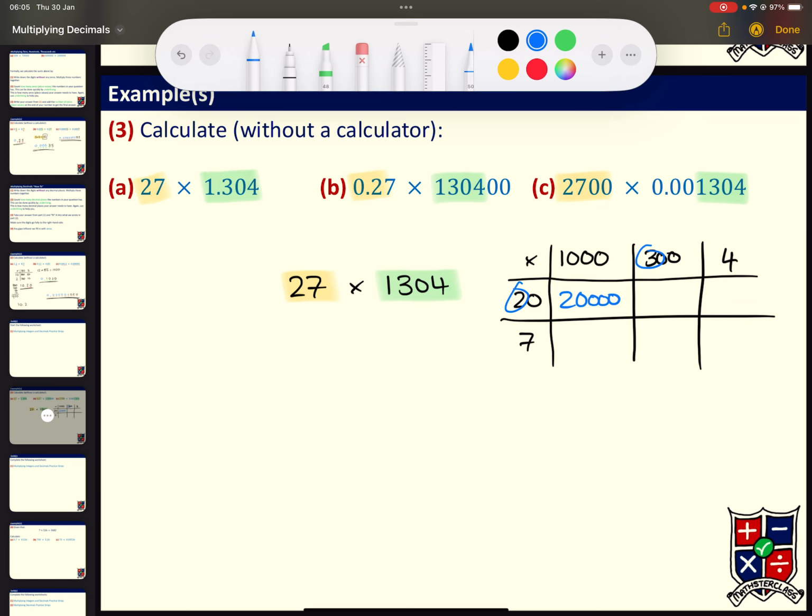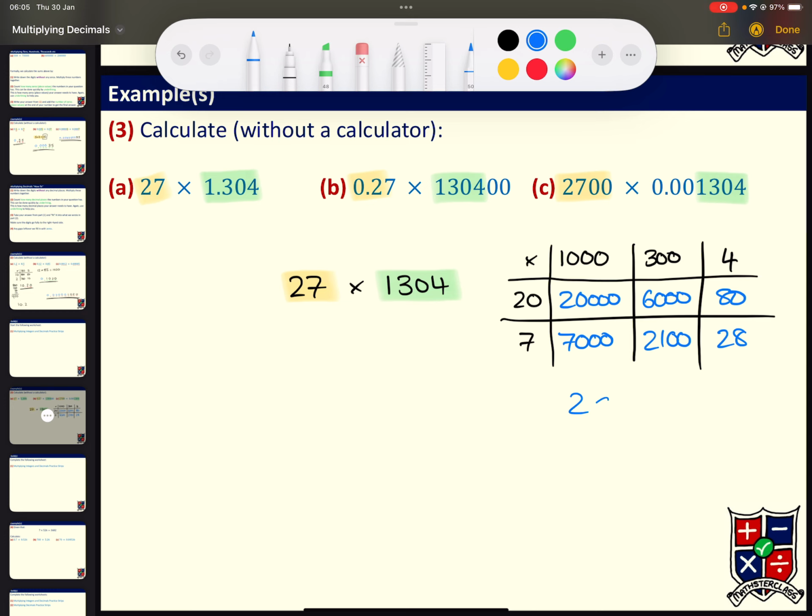We have 300 times 20, or 3 times 2 with 3 zeros on the end, so 6,000. We have 4 times 20, giving us 80. 7 times 1,000, giving us 7,000. 300 times 7, or 3 times 7 with 2 zeros, giving us 2,100. And 7 fours are 28.